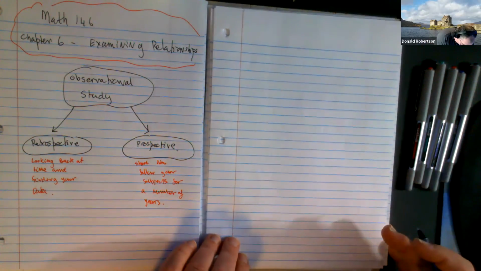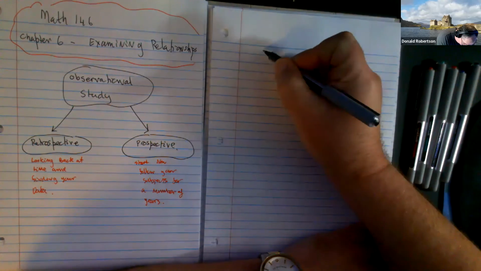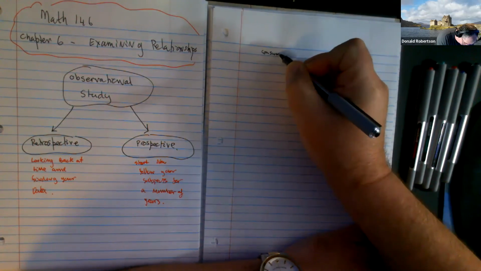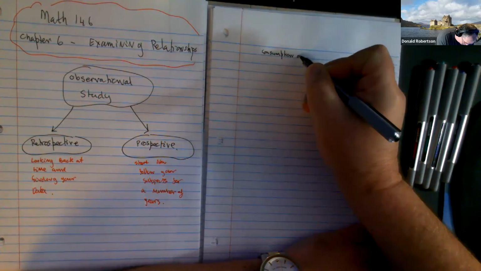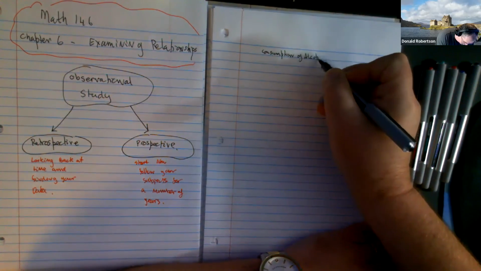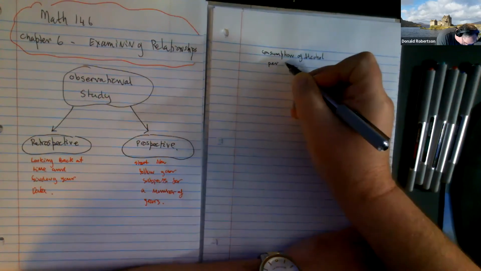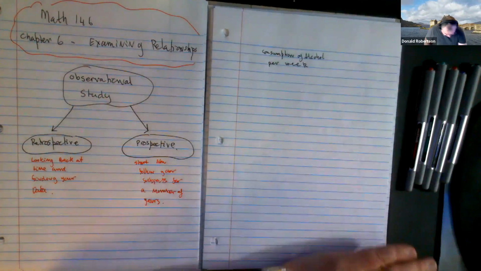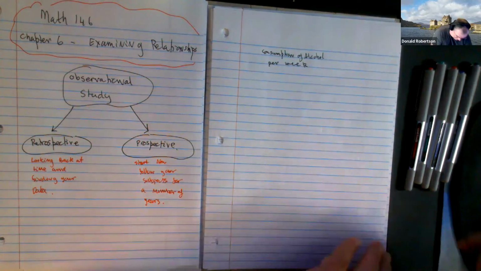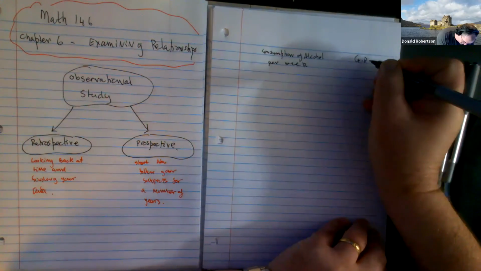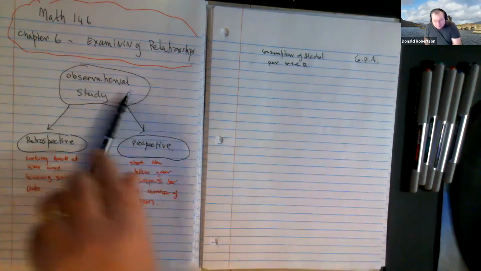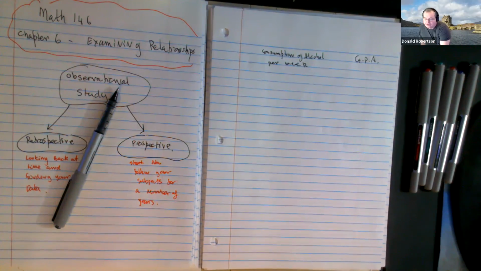So suppose I want to compare the consumption of alcohol per week for a student and the GPA that the student got at the end of the term or whatever. So consumption of alcohol per week of a student and the GPA that they got in your class, right?